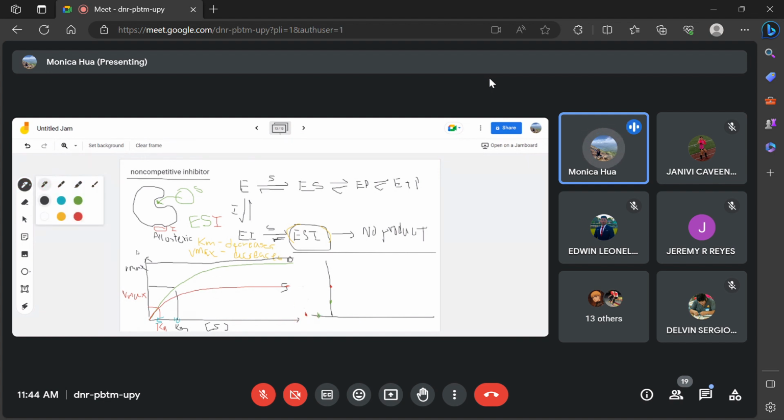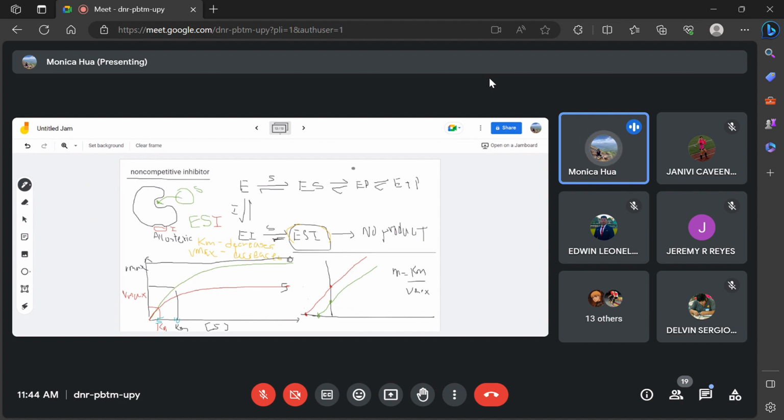So the plot of an inhibitor like this is going to look like this. Parallel, which makes sense because if we look at the slope, slope is Km divided by Vmax.